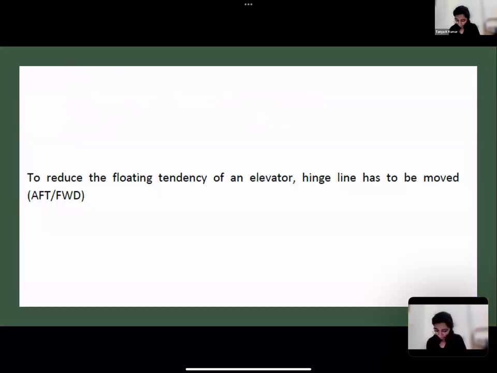Okay. Now this is the question I asked in the previous session also. To reduce the floating tendency of an elevator, hinge line has to be moved aft or forward. Let me just draw this: this is your tail, this is your elevator, this is your hinge line, this is your CP. Now tell me, aft or forward?